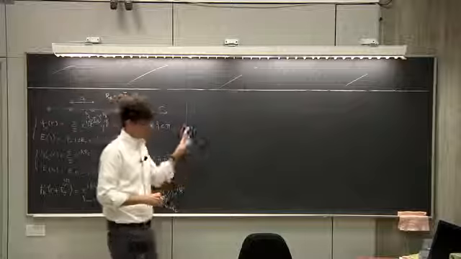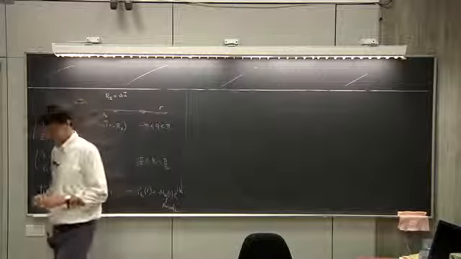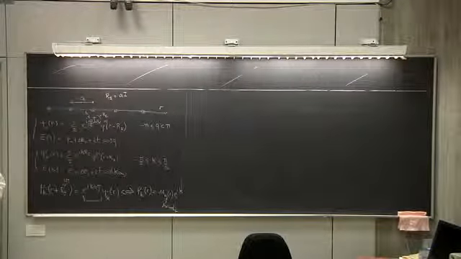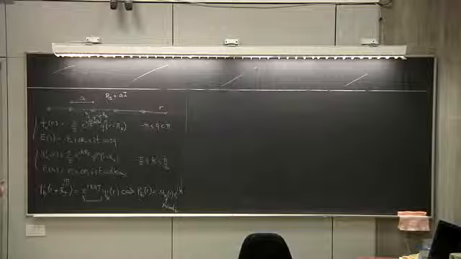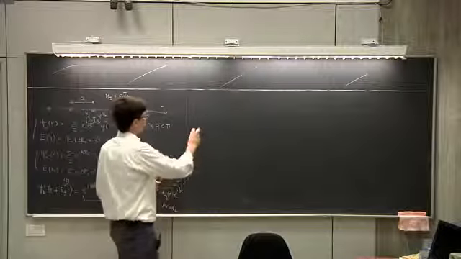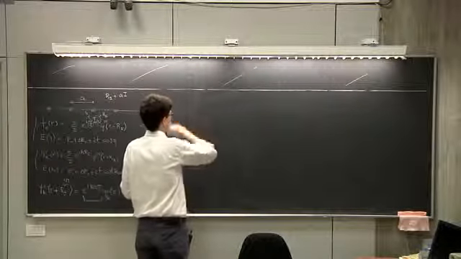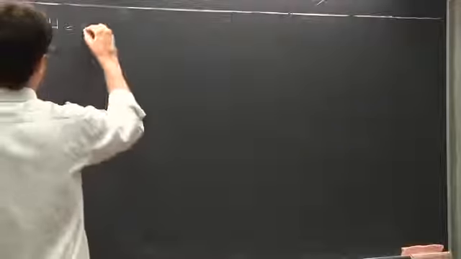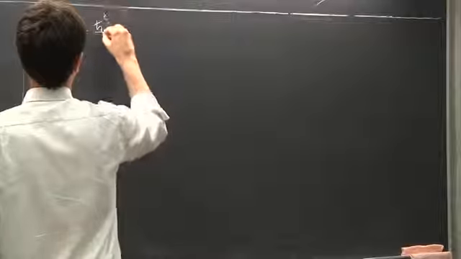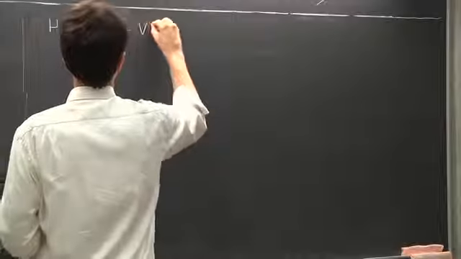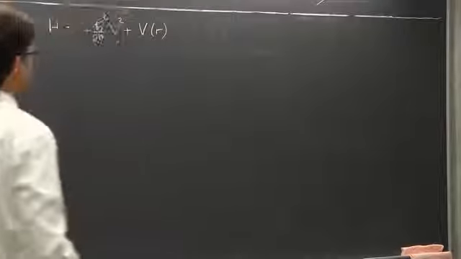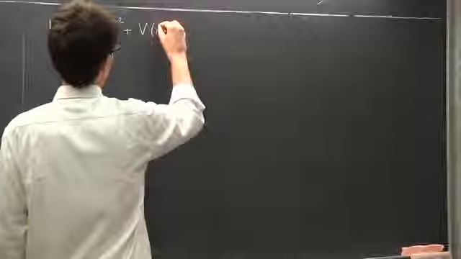Okay, so I'm now going to make a number of statements, most of which I'm not going to prove, but we prove them in this particular example. So the first statement is, what is the Hamiltonian I want to discuss? The Hamiltonian I want to discuss has a potential V of r, and I'm now going to be general.